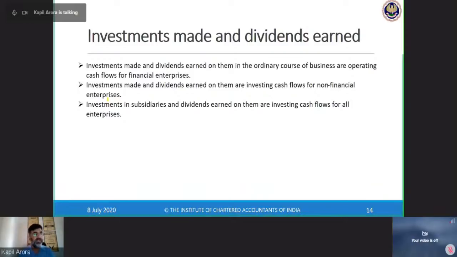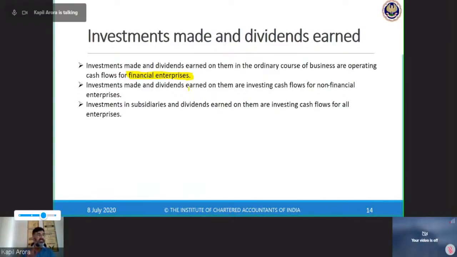My company is involved in the share trading business. So when I am in the share trading business, I am not actually doing the investment, I am managing my operations. So if it is a financial enterprise, NBFCs, where their role is to buy or sell the investments, right?